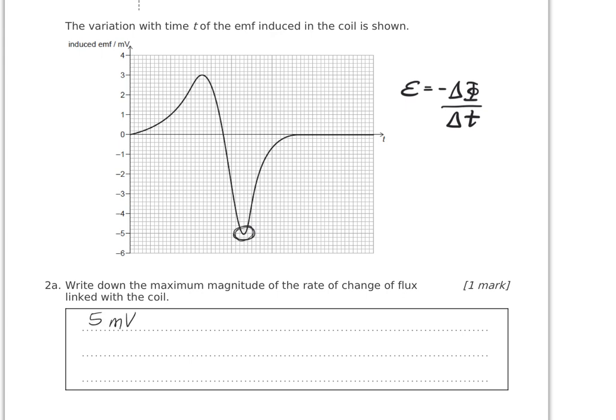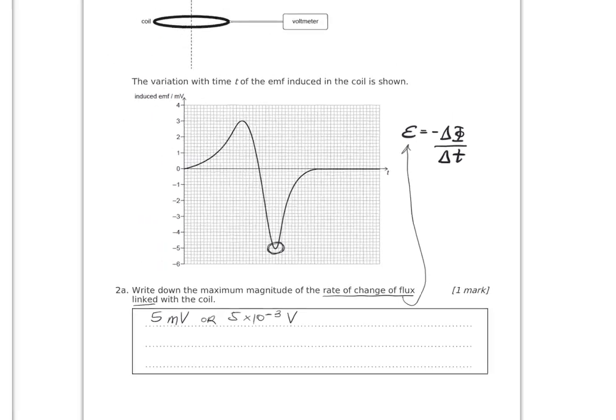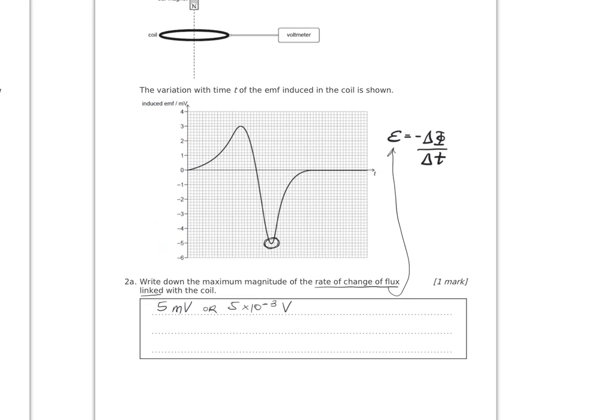You can say 5 times 10 to the negative 3 volts. But yeah, it's pretty much just saying the maximum magnitude of the rate of change of flux linkage, which of course is the EMF itself. So, and it's only 1 mark, so it's actually a pretty easy question if you realize what they're asking for.